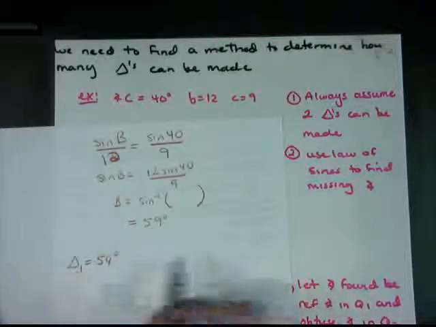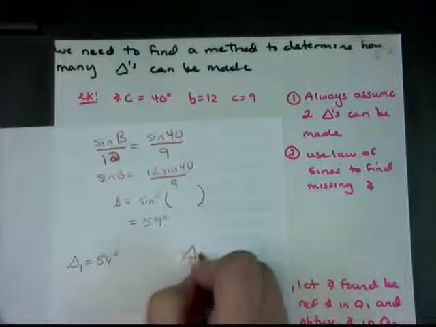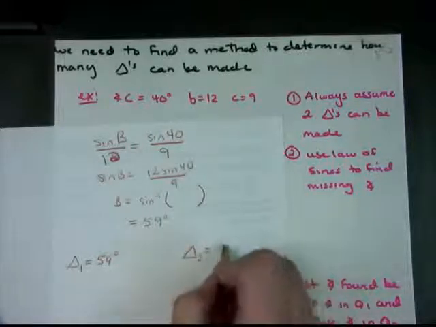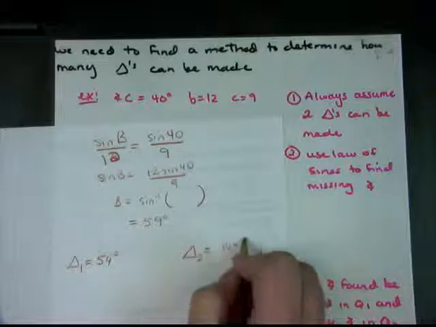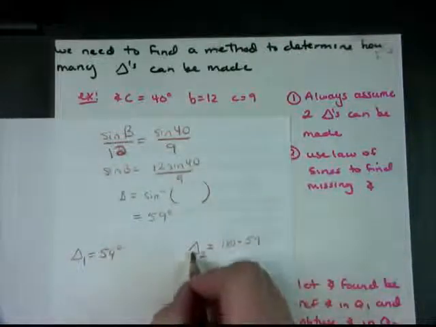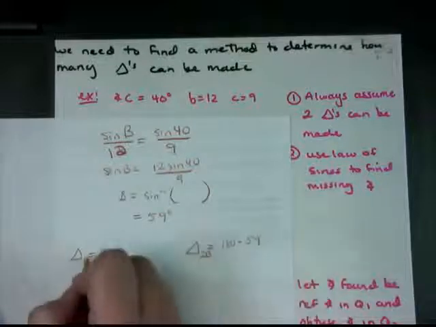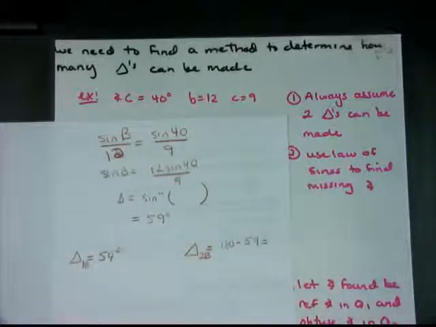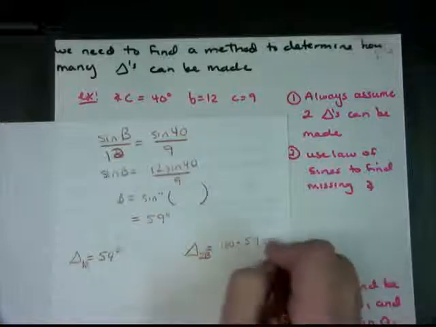In order to be triangle 2, it would have to be 180, the supplement, minus the 59. So triangle 2, angle B, would be 180 minus 59, or 121 degrees.